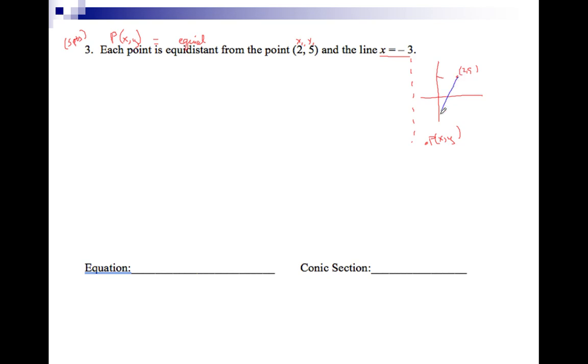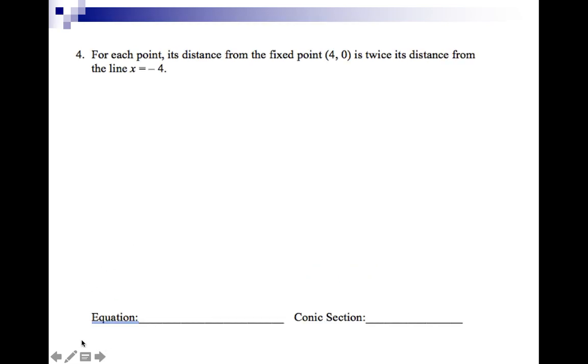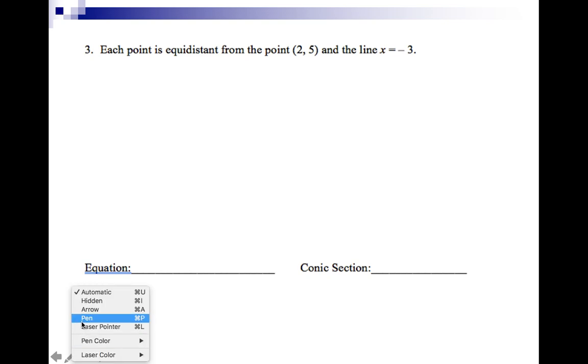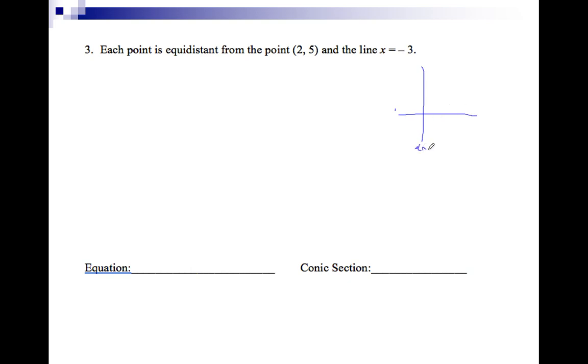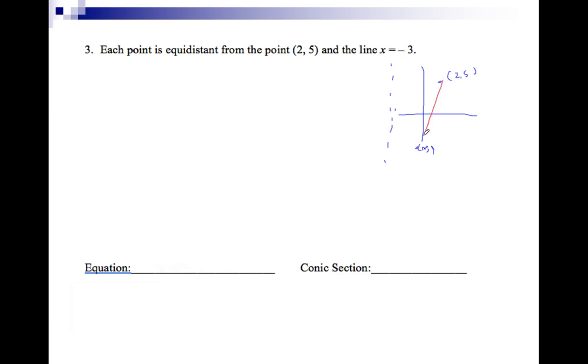Well, the distance from the random point P to the point 0.25, that's distance 1, is the same as that point's distance to the line, right?